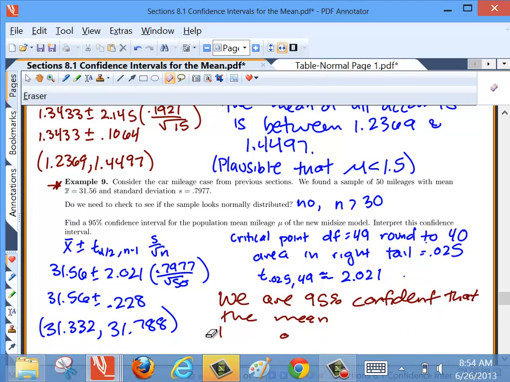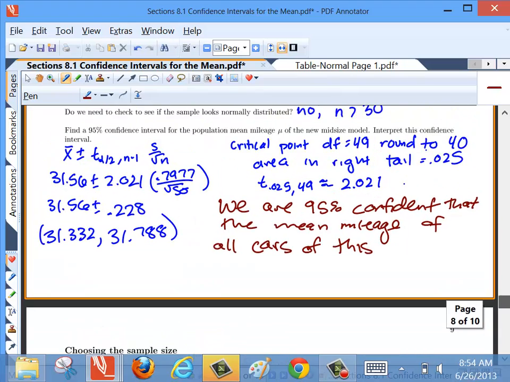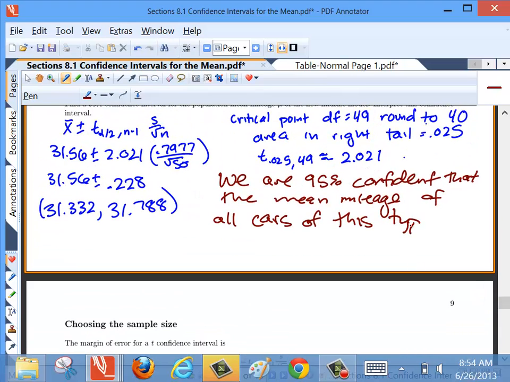Don't forget to interpret it on yours too. So I found a critical point of 2.021.